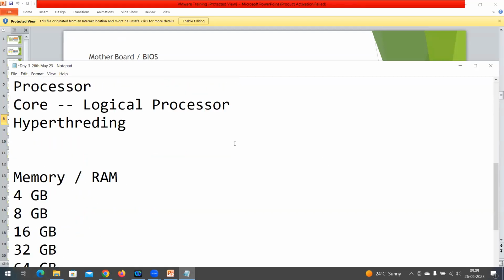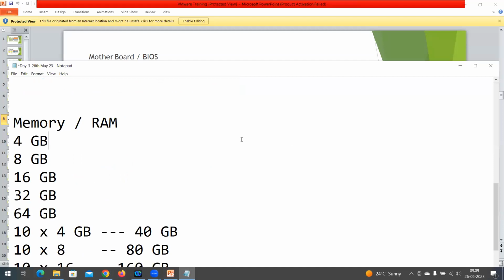So, memory. What is important about memory? Memory RAM. What is ROM? What is the difference between RAM and ROM? Any idea? Anyone? There is a slight difference.